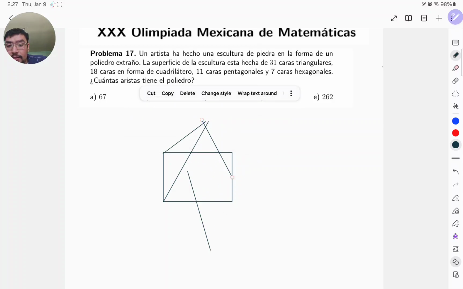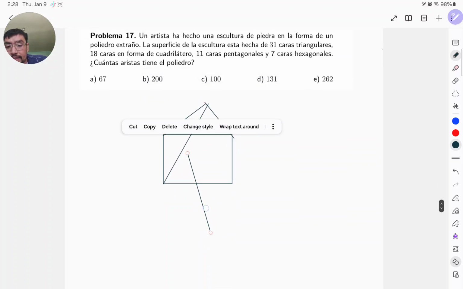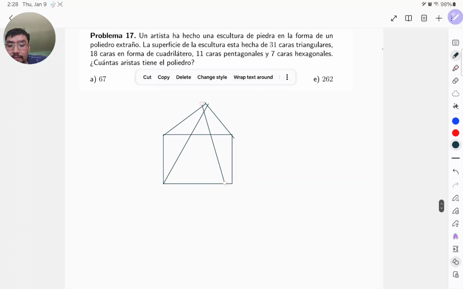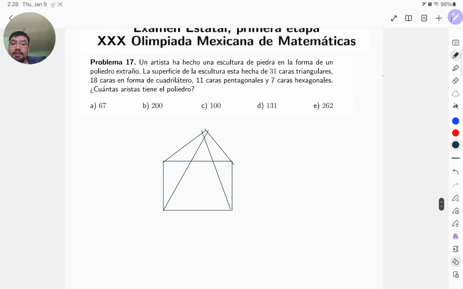Let's move this one to this side, and finally this. The drawing isn't too clear, but the key point is the next.